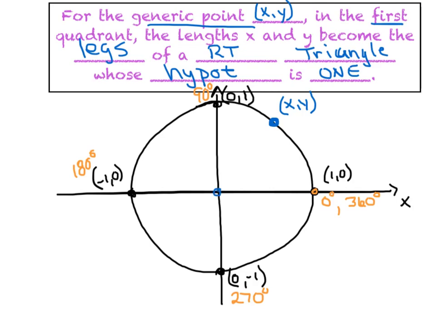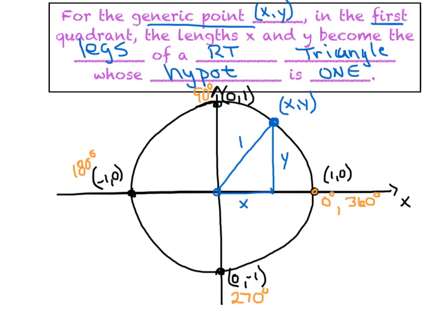So it's almost like you started here at the origin, you went x units to the right, and then you went y units straight up. Then we'll draw the hypotenuse. And we already said that the hypotenuse has a length of 1. The reason that's guaranteed is because this line right here is just another radius within the circle, and all of the radii are guaranteed to have a length of 1.